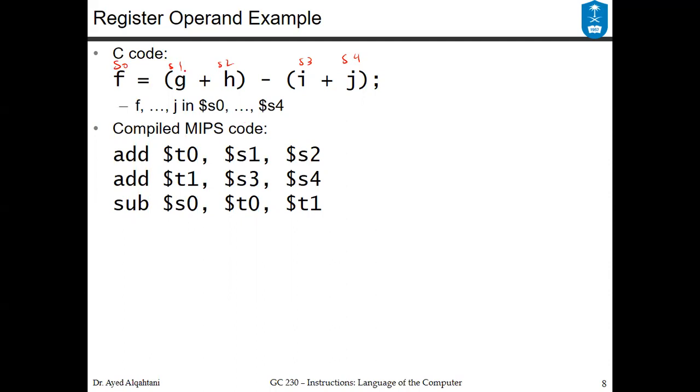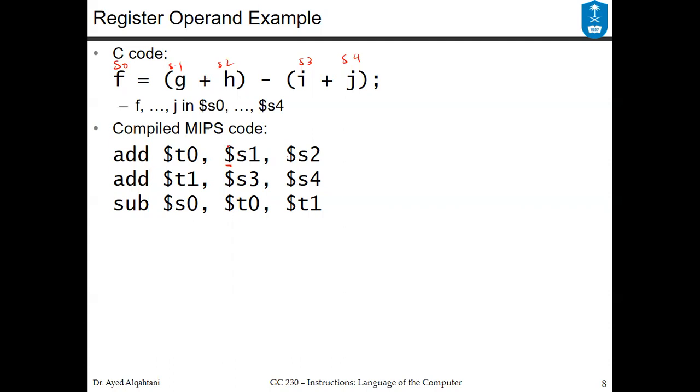So what would happen now in the assembly code, we will make the addition S1 plus S2, this way, S1 and S2. Notice that in the registers, we have to use the $ sign. This $ sign means that what's coming is a register. So every register has a $ sign in the name of the register.